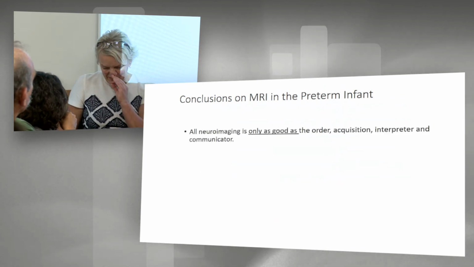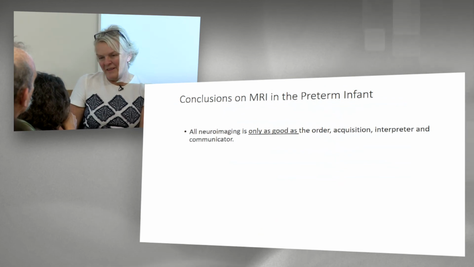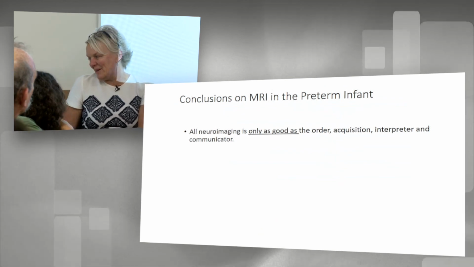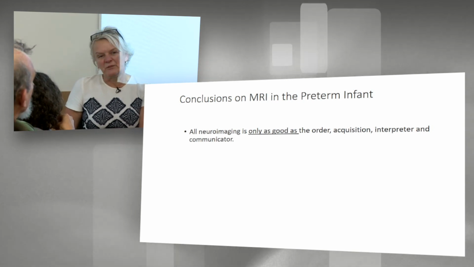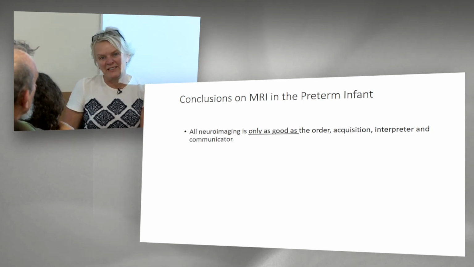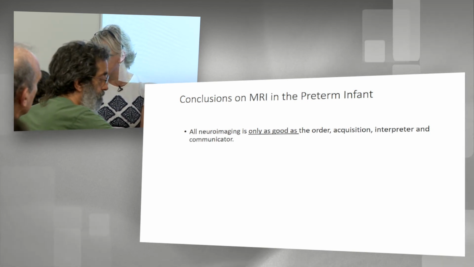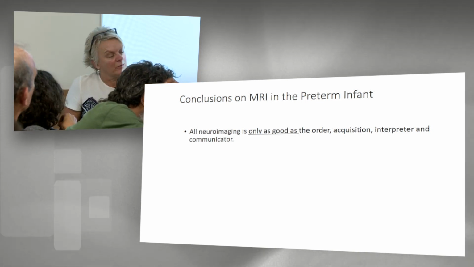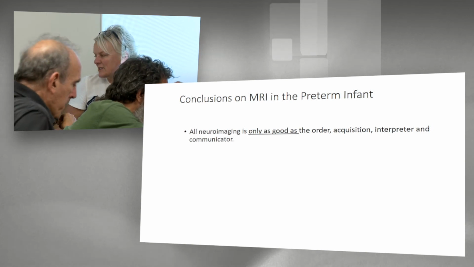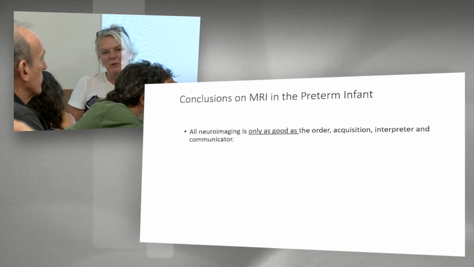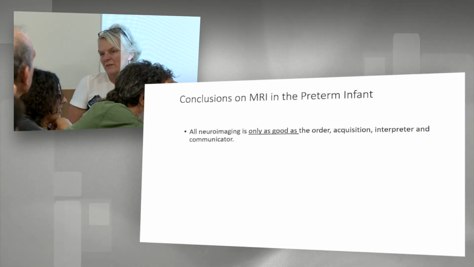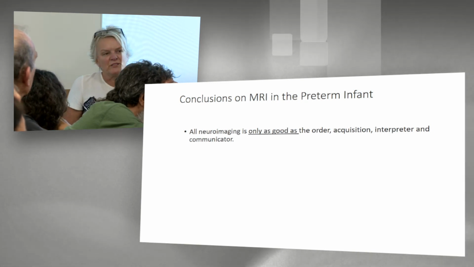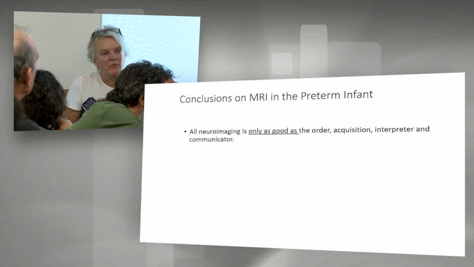I know I'm going to talk a little bit more with some people about how to do imaging, but I will say it's really important that neuroimaging is only as good as the person who writes the order for it and gives the details about what's gone on in the baby's course, about the type of acquisition that is acquired in terms of the quality of the scans, the person who's interpreting it with you, the neuroradiologist, and their knowledge of these types of lesions, and the person who's talking back to the family about what the findings are and what they mean.